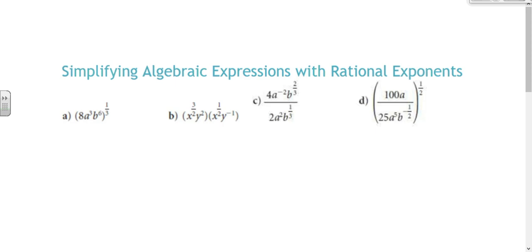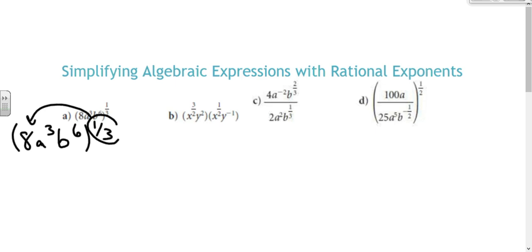Okay, last one. 8a cubed b to the 6, all to the 1/3. Now remember, 1/3 is the same thing as cube rooting. So you take the 1/3, you need to apply it to what's happening here. So that's 2, and then a is 3 multiplied by 1/3, and b is 6 multiplied by 1/3. That leaves us with 2ab squared.